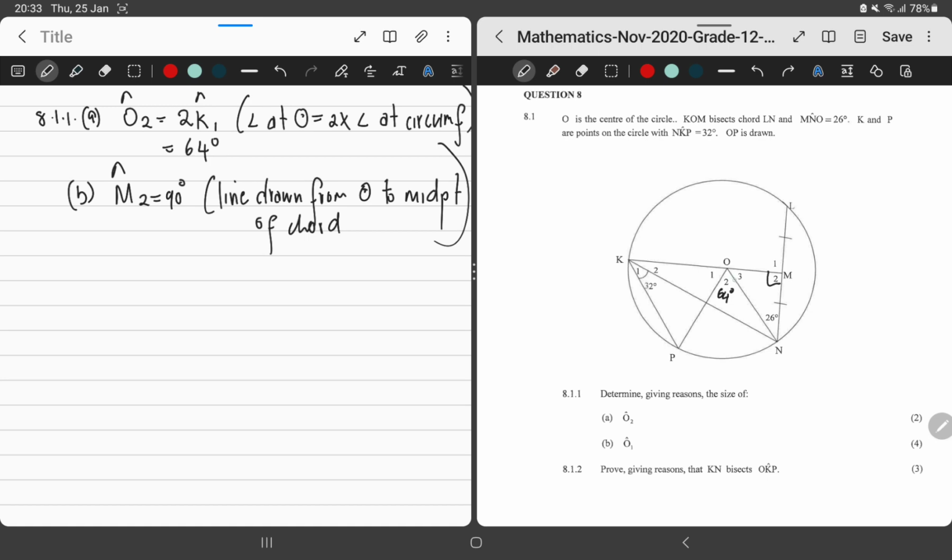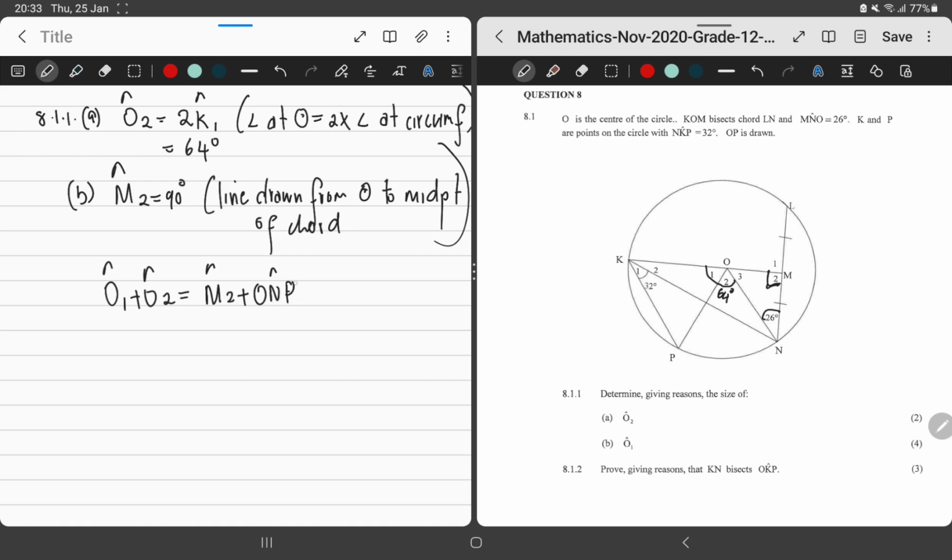Okay, so this whole angle should be equal to M2 plus that 26. The exterior angle of a triangle is equal to the sum of the interior opposite angles. So O1 plus O2 should be equal to M2 plus ONP.